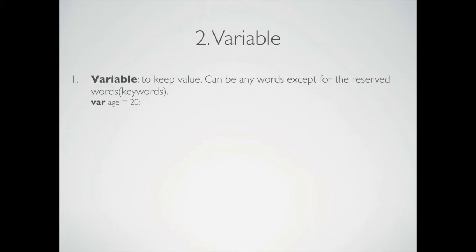Age is the name of the variable, and 20 is the value of the variable, and the equal sign here is used to assign a value to the variable. So here the whole sentence means now we define a variable, and the name of the variable is age, and I want to assign a value to this variable, and the value is 20. So after this line, we create a variable called age, and its value is 20. You can use age as 20 because the value of age is 20, right?